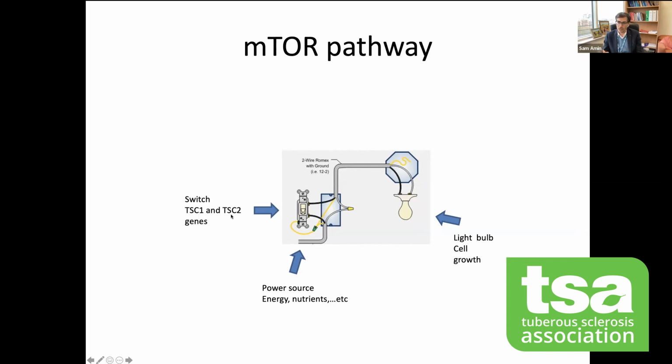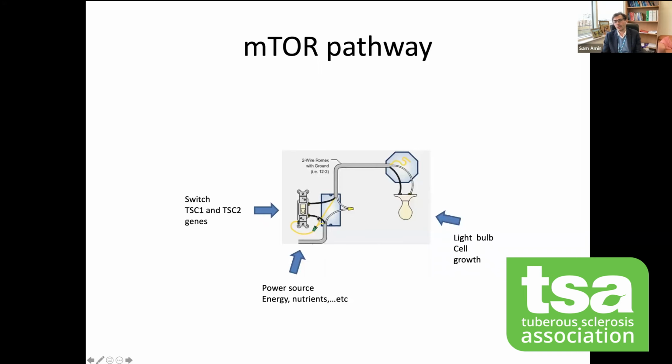These genes normally work like an electric switch, as you can see here. When they work fine, they can turn the current off or on if necessary. But when they don't work, this switch is always on.